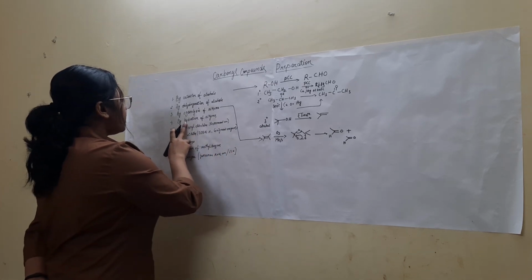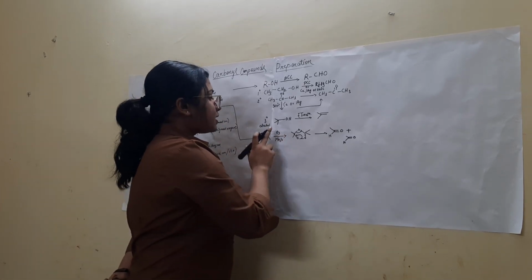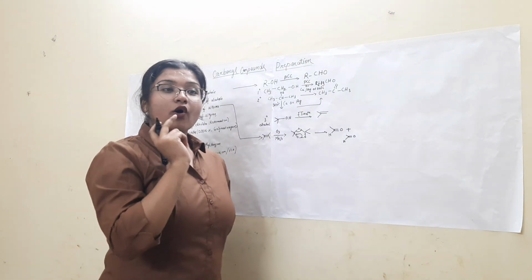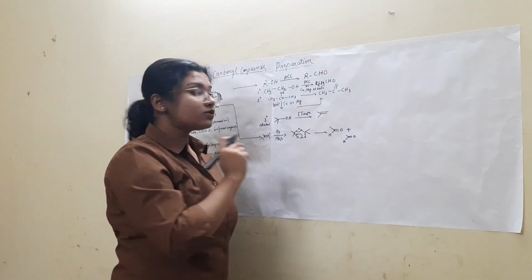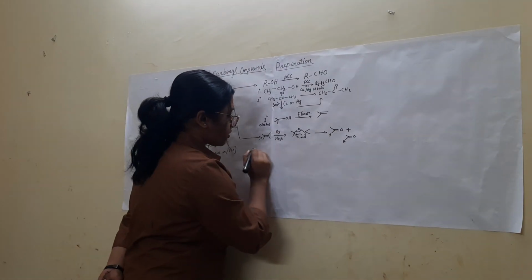Now moving on to one more thing for ozonolysis. If there are two double bonds present, only the electron rich double bond will be broken. For example, there are two double bonds like this.